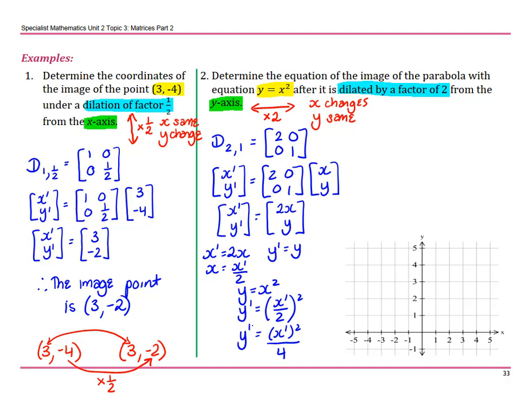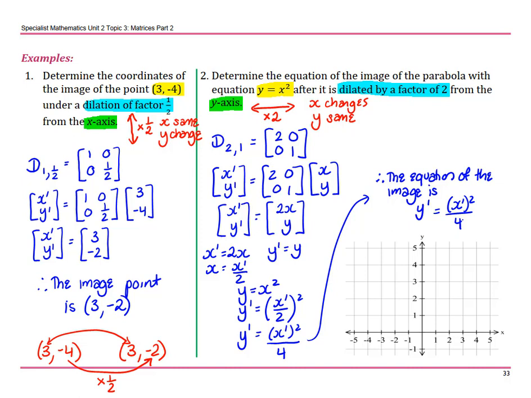So that's what we've got. Okay, run out of room. So therefore, the equation of the image is that. You can see it's still a parabola.